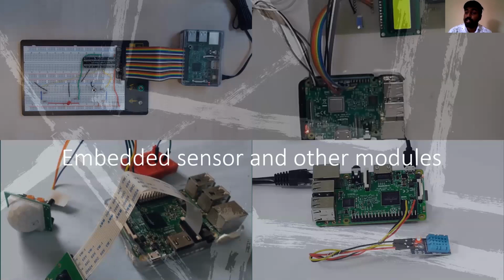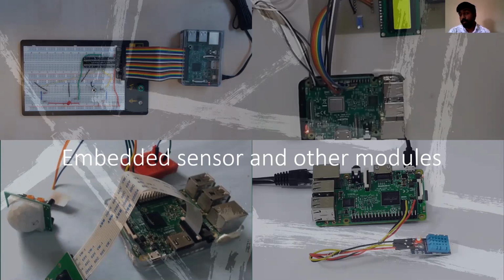So let's say you are creating a motion detecting car, with a camera and motion detecting. That car would be able to follow you. So that's motion sensing, right? So you can create a car like that using Raspberry Pi.